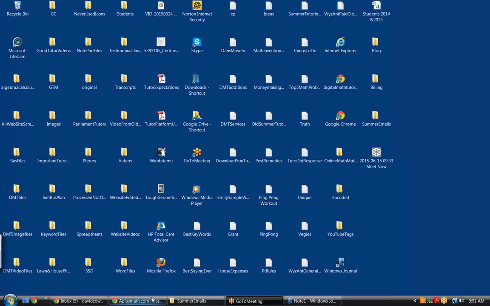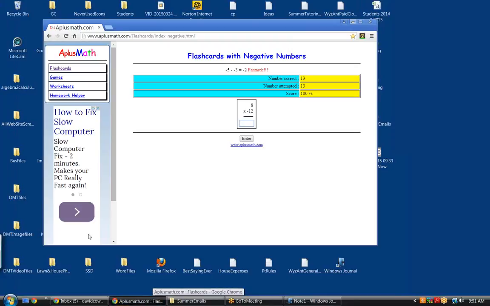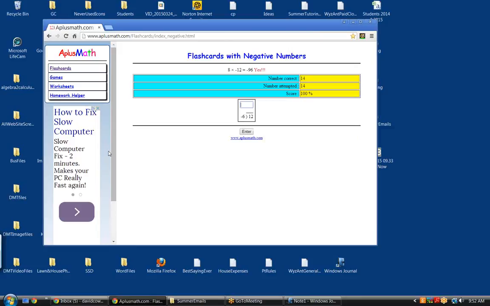Let's just do a few more here to reinforce it. What's this? Negative 6. Negative 2. Negative 7. Negative 3. Good. Um, 11.